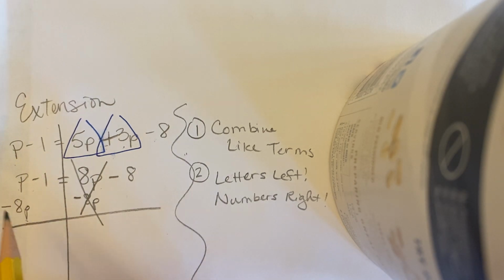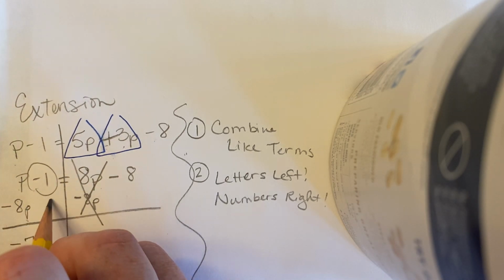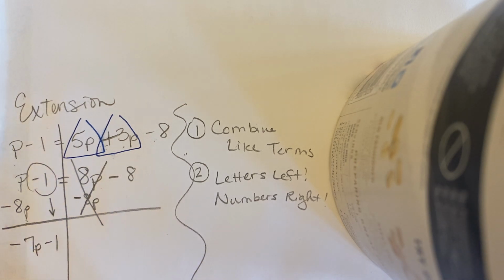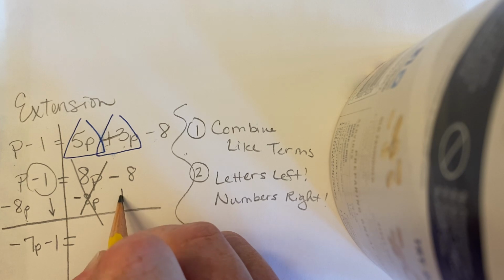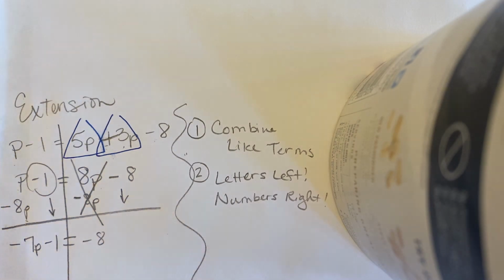Positive p minus 8p makes me have a negative 7p on the left. I'm ready to drop this negative 1. I have equals. And on the right side, drop my negative 8. Okay? So that got me through letters left.